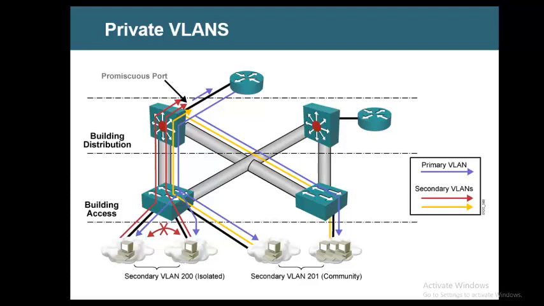Now, what is private VLAN? Before I get into private VLAN, I would like to ask a question. Is it possible for members of the same VLAN to deny access?